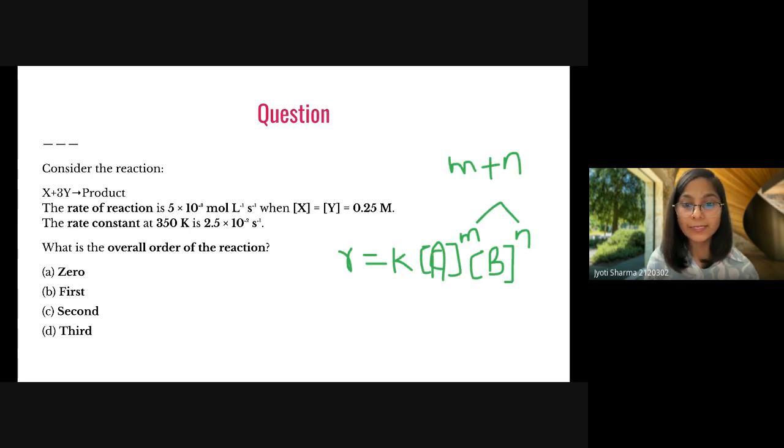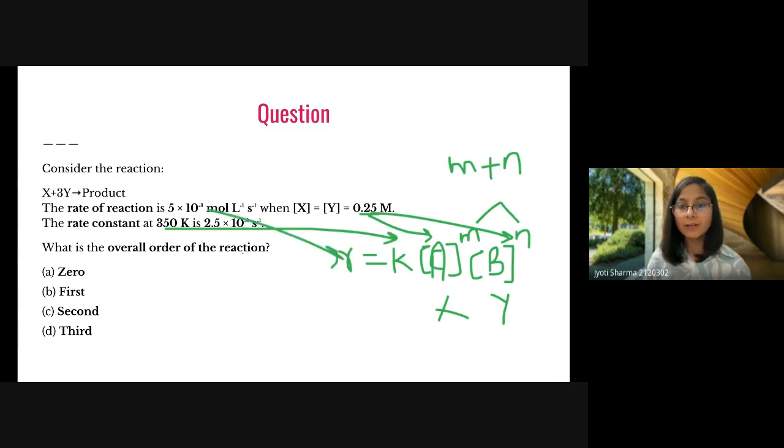A is nothing but X, B is nothing but Y, and the concentration is given. So this is 0.25 and this is 0.25. The rate constant is also given, and the rate of reaction is also given. Based on that, we will calculate m plus n.